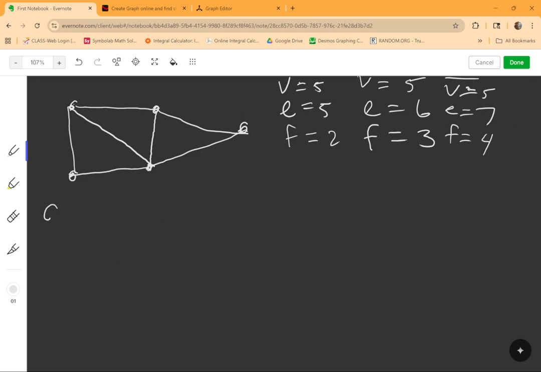So Euler's formula, this is for connected graphs.